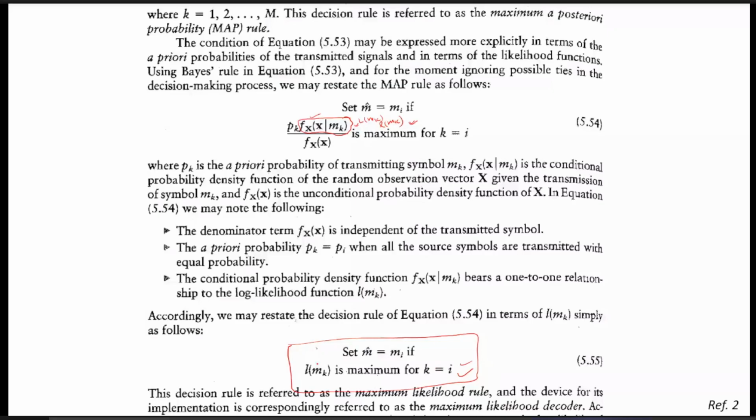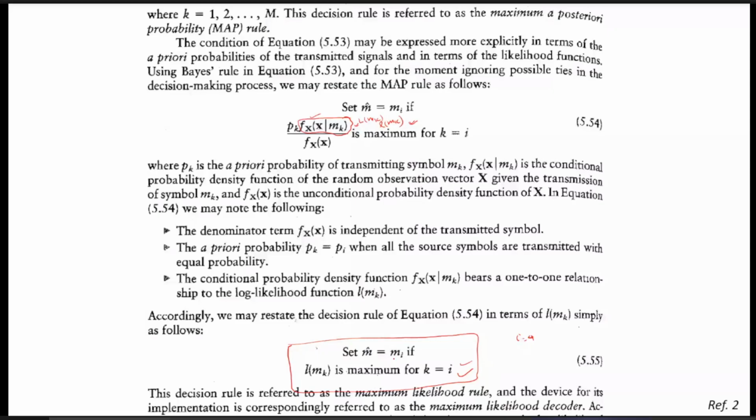For the particular ith correlator where this value is maximum, the receiver decides accordingly. Suppose i equals 4, then corresponding to the fourth correlator output, it will decide that m4 has been transmitted.